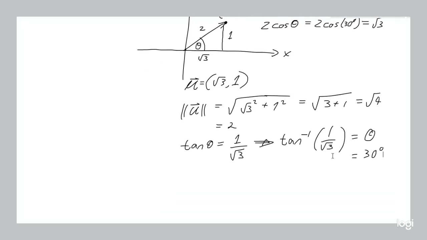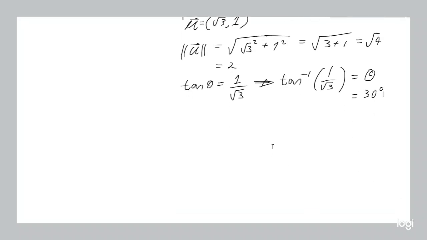Now there's a certain convenience to representing a vector in component form because it makes it easier to add and subtract vectors. Let's say you have a vector u, which is equal to (3, 2), and a vector v, which is equal to (1, -2).